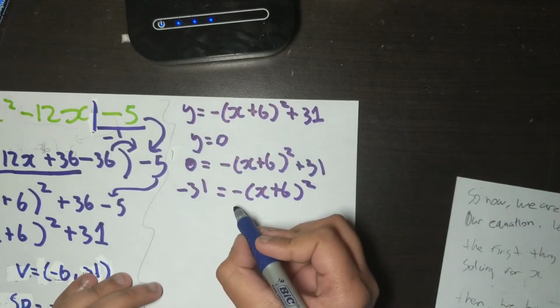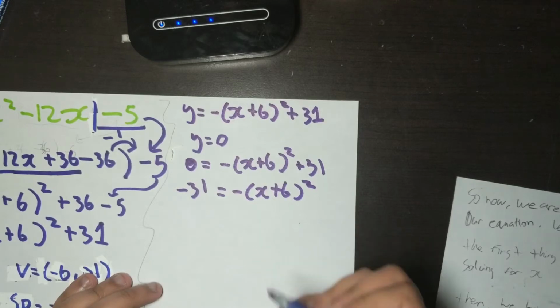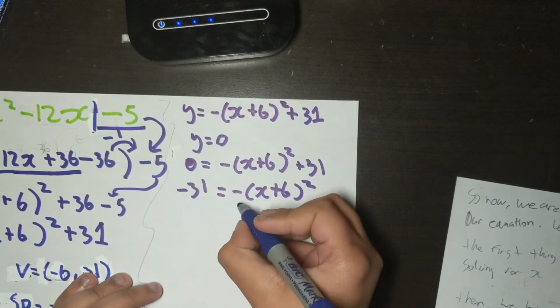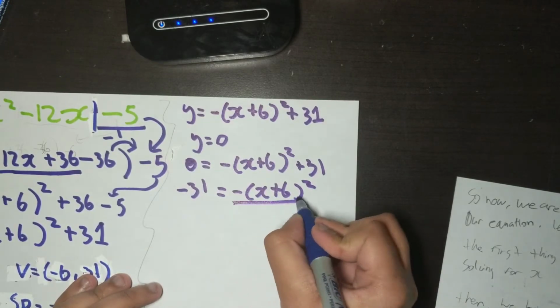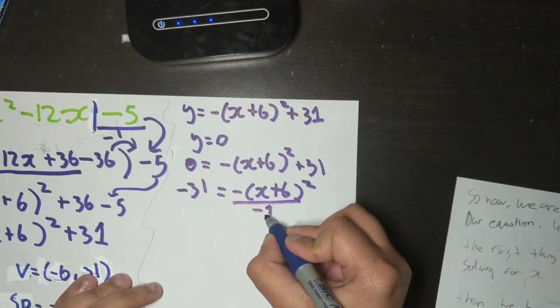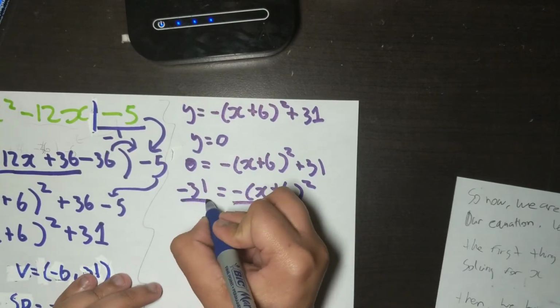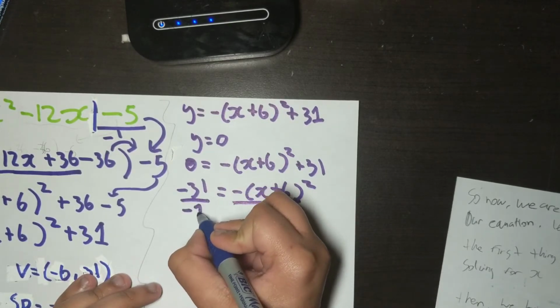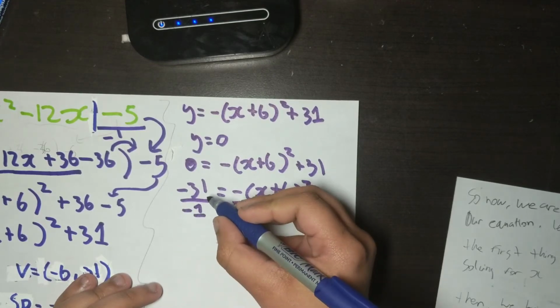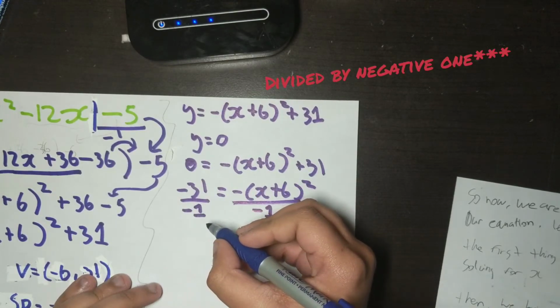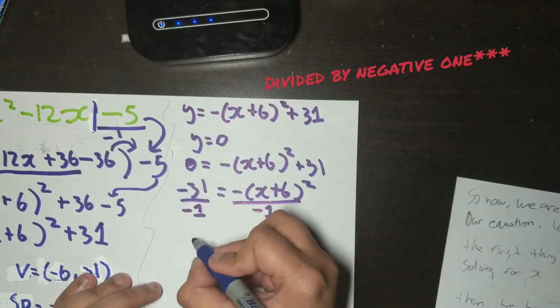Then we divide both sides by negative 1. Negative 31 divided by negative 1 gives us positive 31.